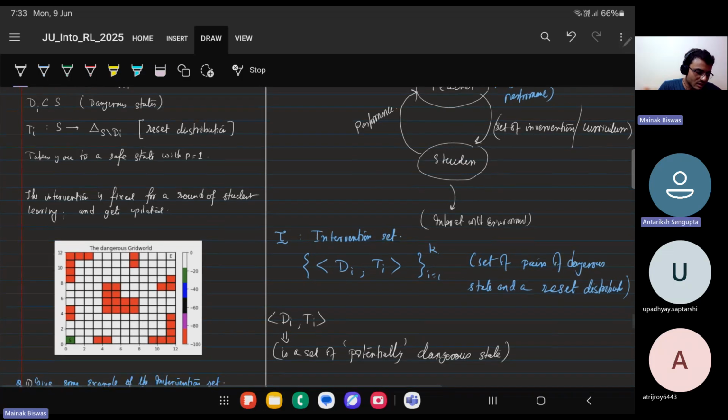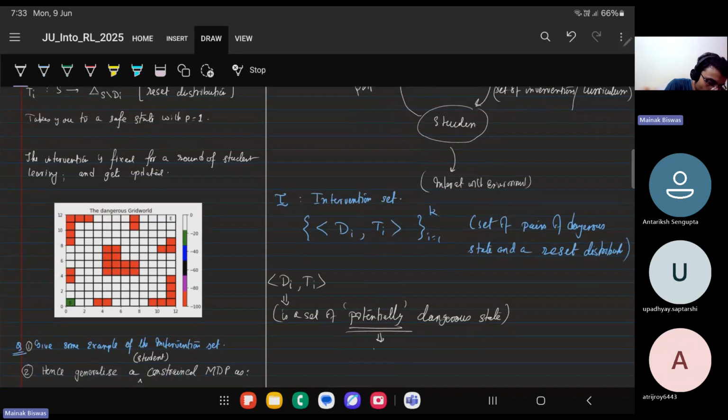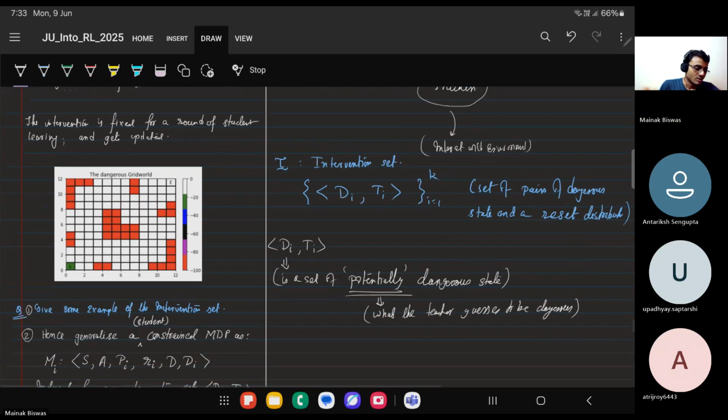So D_I is a set of potentially dangerous states because this is what the teacher guesses to be dangerous. Fine, very nice.